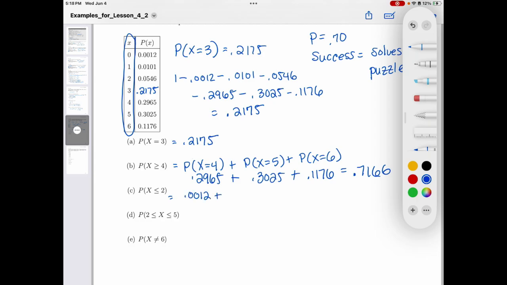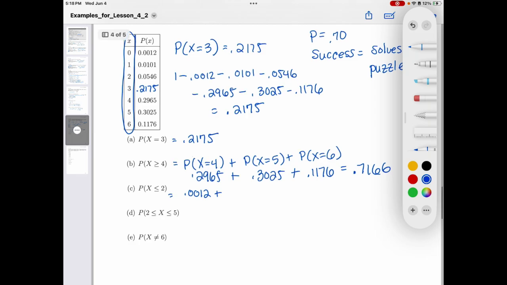The probability of 1, which is 0.0101. And then lastly, we're not going to go over 2. 2 is our last number. Everything up to 2 and including 2. So that would be 0.0546. And when we add all of that together, we get 0.0659.